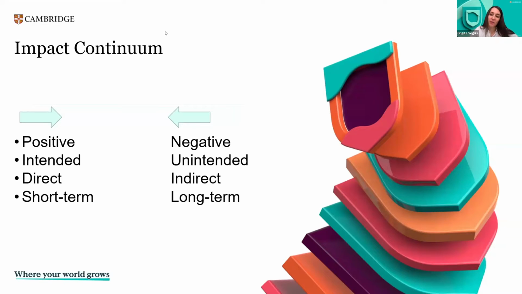There are other elements involved in that, but this new teaching method might also have an indirect impact on what happens later on. As such, we can also think about short-term impact. I gave you an example of that just now, something that happens immediately, the immediate cause and effect, or it can be long-term impact, something that happens over a period of years sometimes.